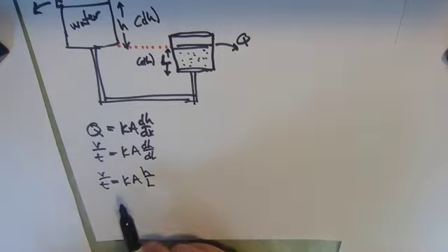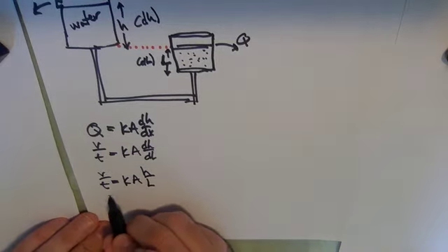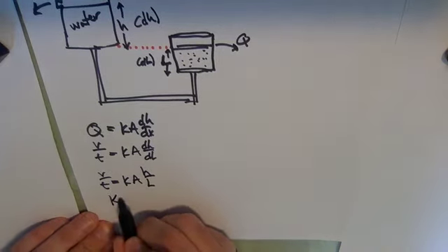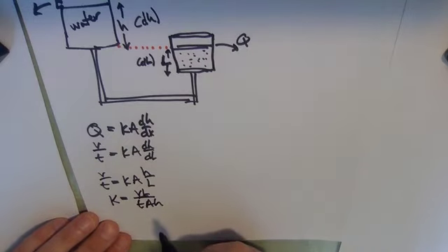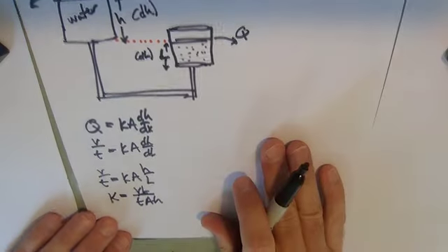We're trying to understand the hydraulic conductivity of the sample, so we just rearrange it algebraically, and K equals V L over t A H.